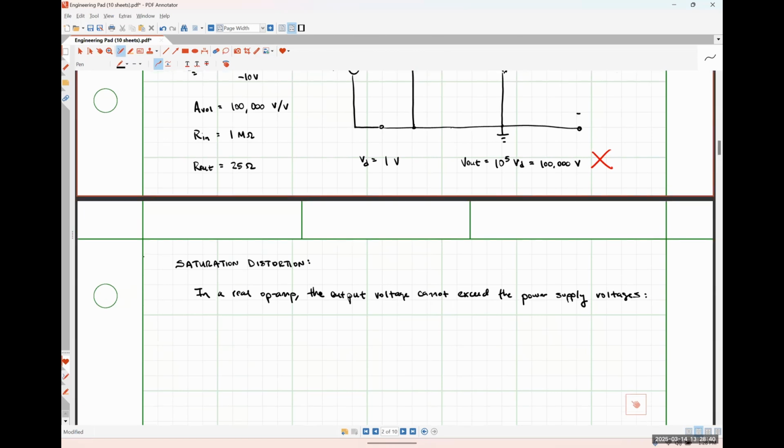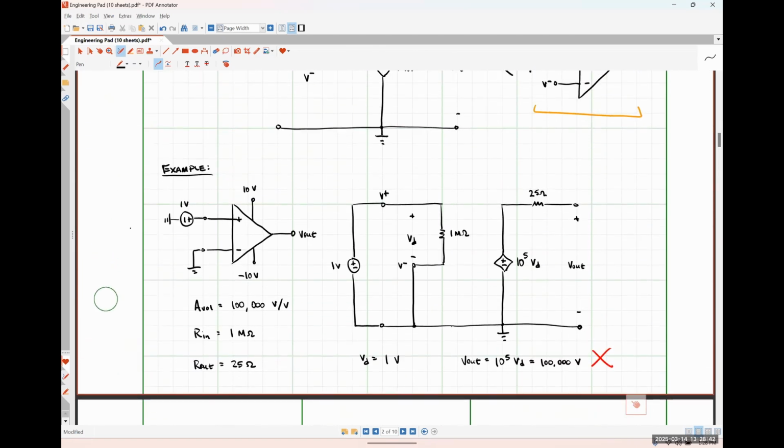So your output voltage could never be larger than, let's say, 9.5 volts, and it could never be more negative than, say, negative 9.5 volts or so. Typically, when you buy an op-amp, the data sheet will tell you whether or not it is a rail-to-rail op-amp, or it will just explicitly state the maximum positive output voltage or the maximum negative output voltage it can generate. So those are going to be known quantities, okay?